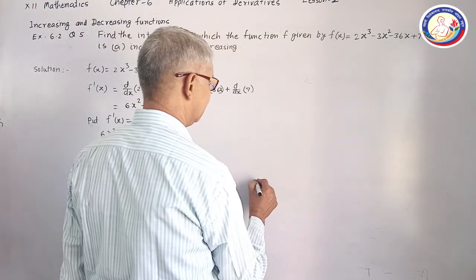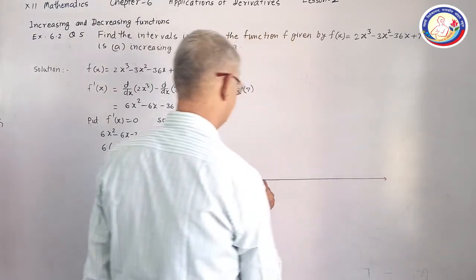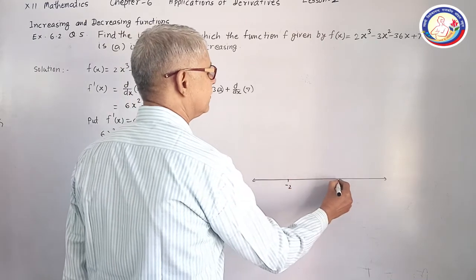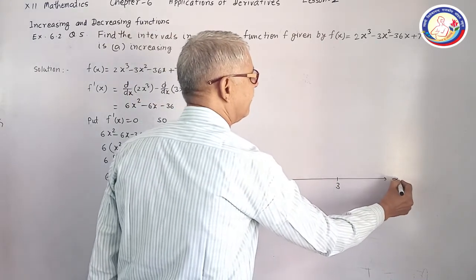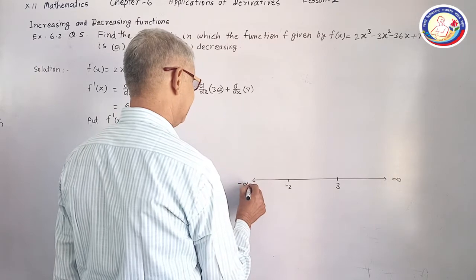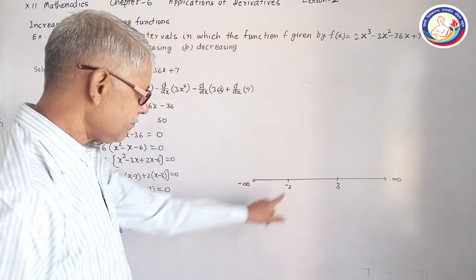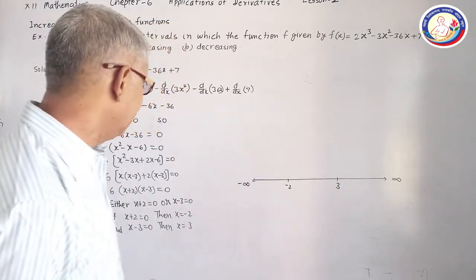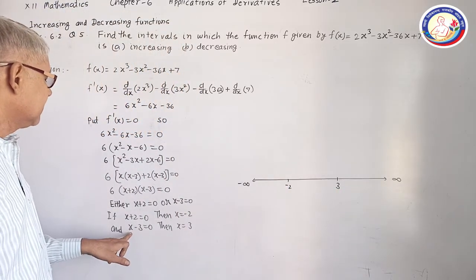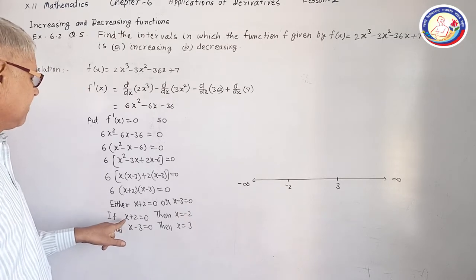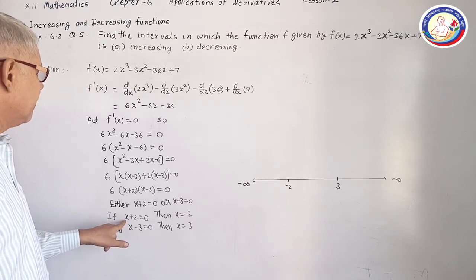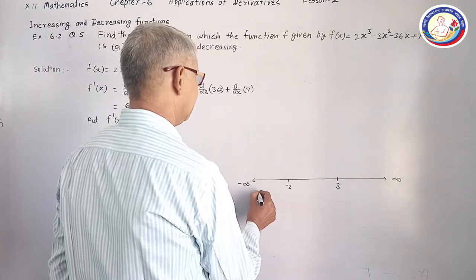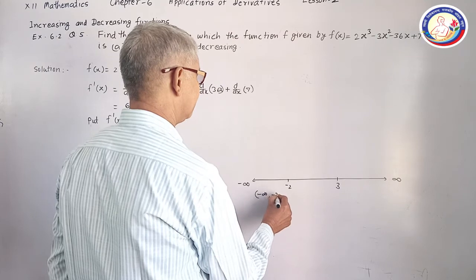I am explaining it. Say this is the number line. Here it is minus infinite to plus infinite. This is minus 2 and this is 3. Now we discuss the values of x plus 2 and x minus 3 in these intervals. This first interval is minus infinite to minus 2.